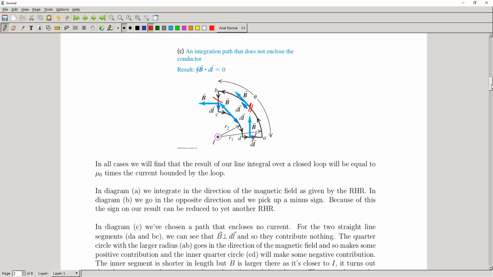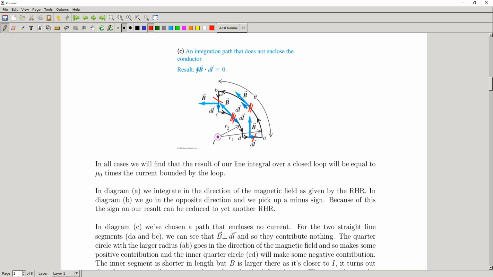And when we're down here on the segment CD, we pick up a negative contribution. Now AB is longer than CD, so we might think we're going to get more length along here, but we're also farther away from the conductor at that point. So while the line that we're integrating over is longer, each infinitesimal segment picks up a smaller contribution from B.